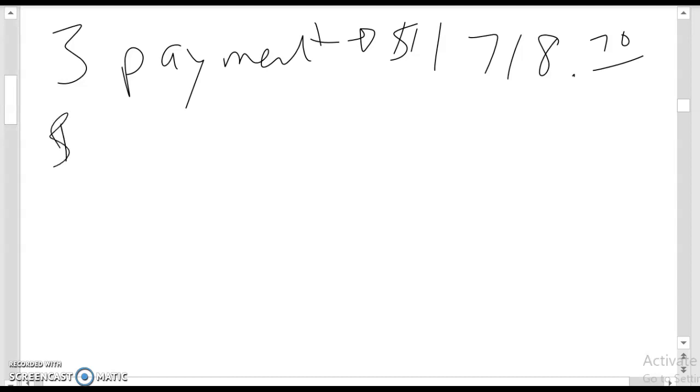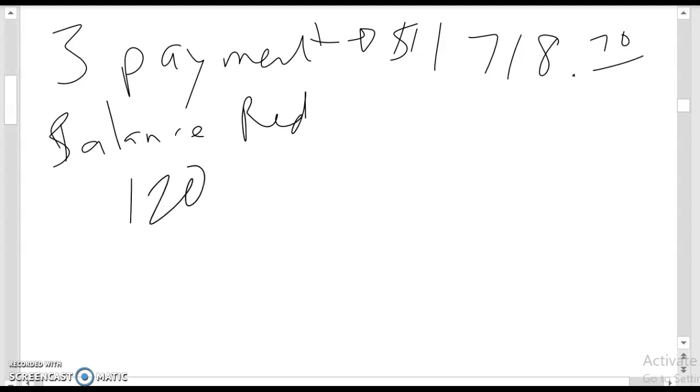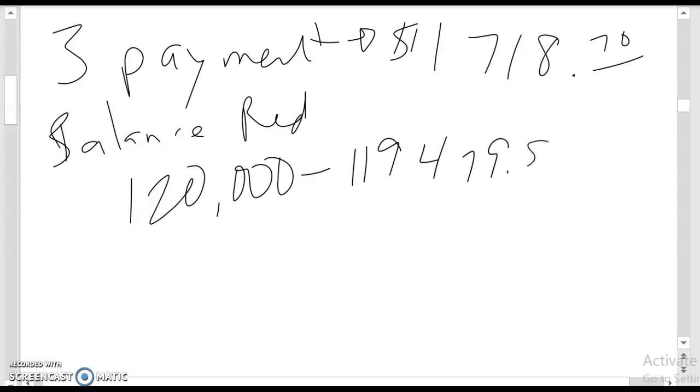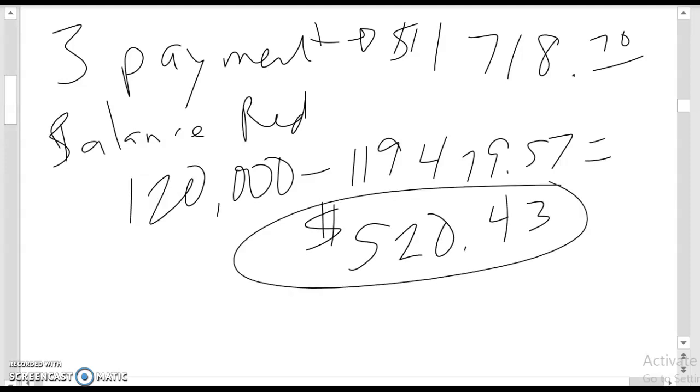The balance was reduced, okay? So you owed $120,000 to start. At the end of 3 months, you still owed $119,479.57, which means your balance was only reduced by $520.43.